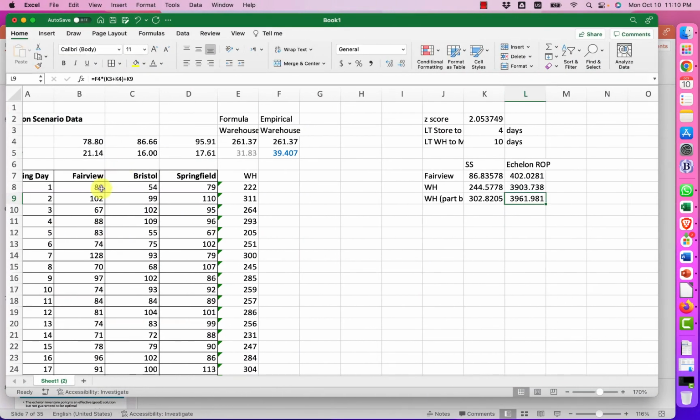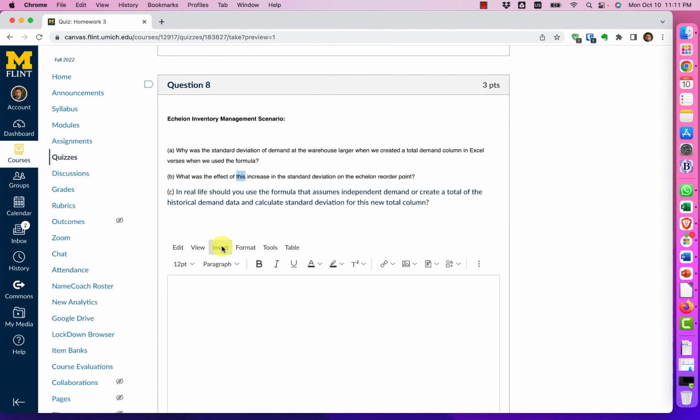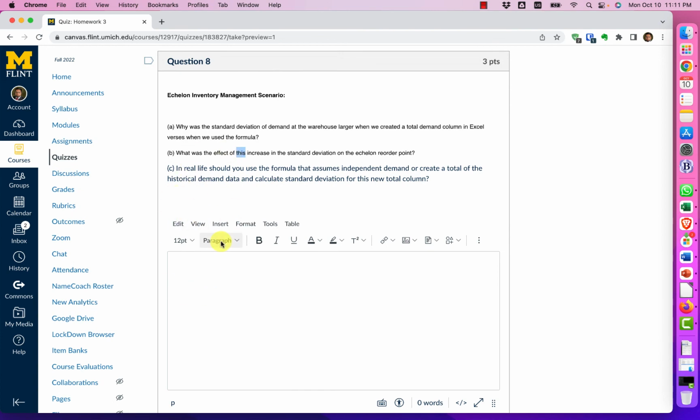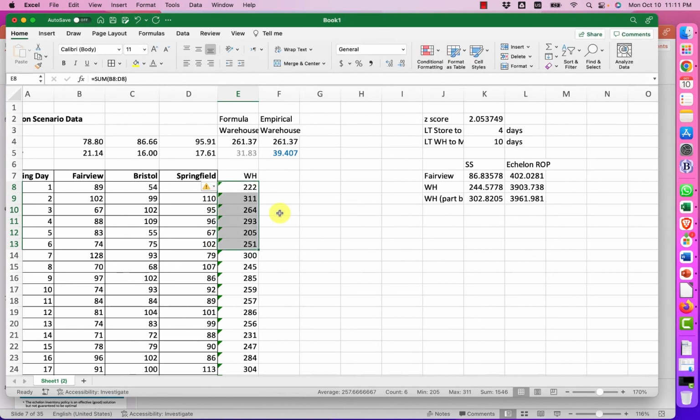In real life, if we have historical data, we can just create the total column easily here and compute the mean and standard deviation. We don't have to rely on a formula with some strong assumptions about independence. Okay, so that'll be the answers to question 8. Hopefully this was helpful. If something here does not make sense, you first have to understand how to compute reorder point for just normal inventory management.